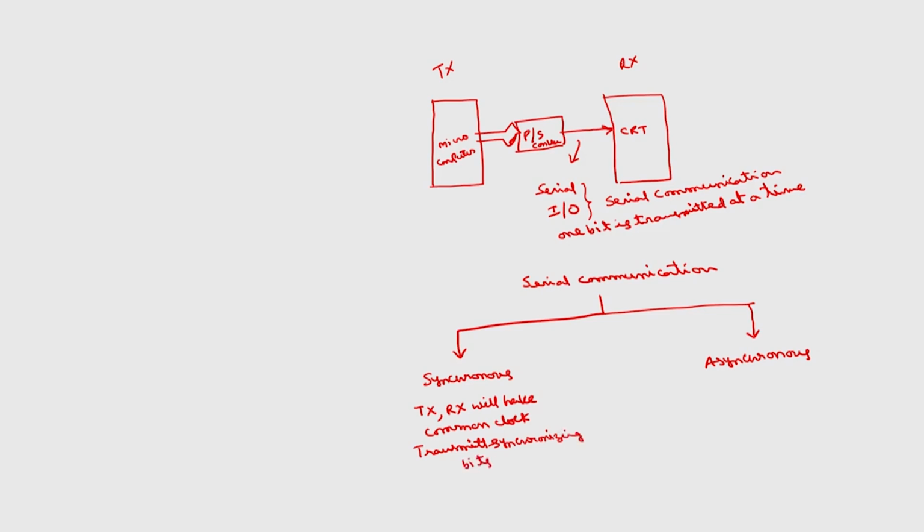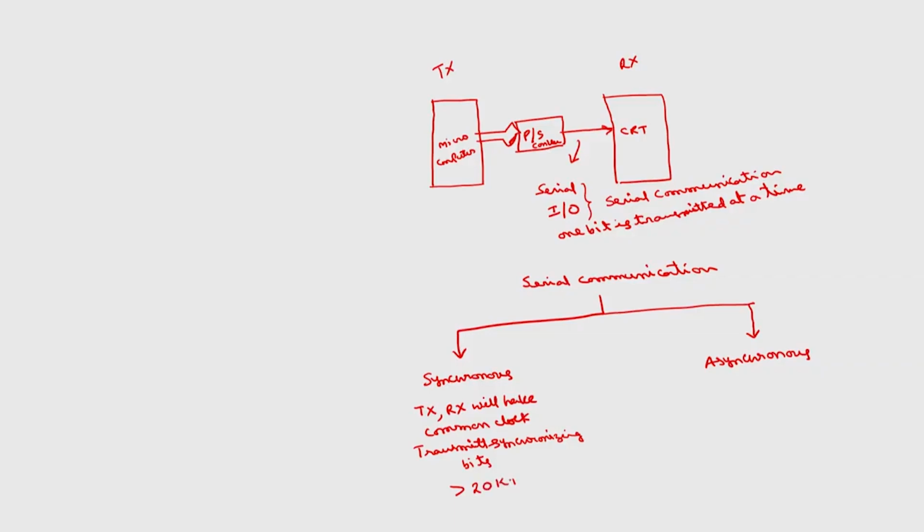This type of data transfer is normally preferred, because we are going to transmit at a faster rate. This type of data transmission, that is synchronous serial communication, is normally used for data rates greater than 20 kilobits per second.